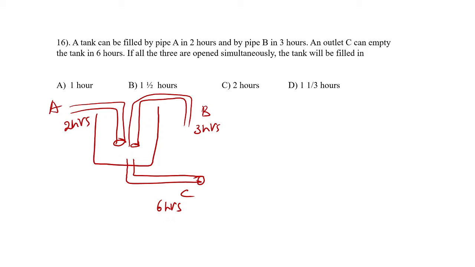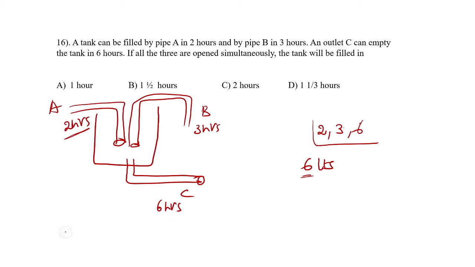Now see, pipe A can fill the entire tank in 2 hours. 2, 3 and 6. First of all, take the LCM. LCM is what? 6. Okay, capacity of the tank is 6 liters. Suppose capacity of the tank is in liters, then 6 liters is the capacity because the LCM of these given values is 6.